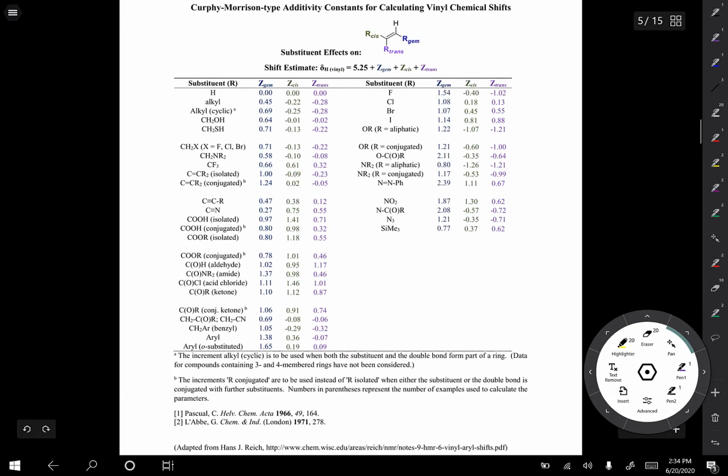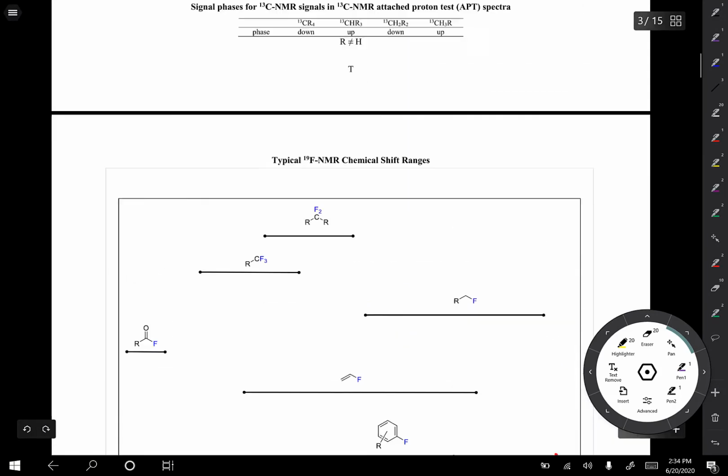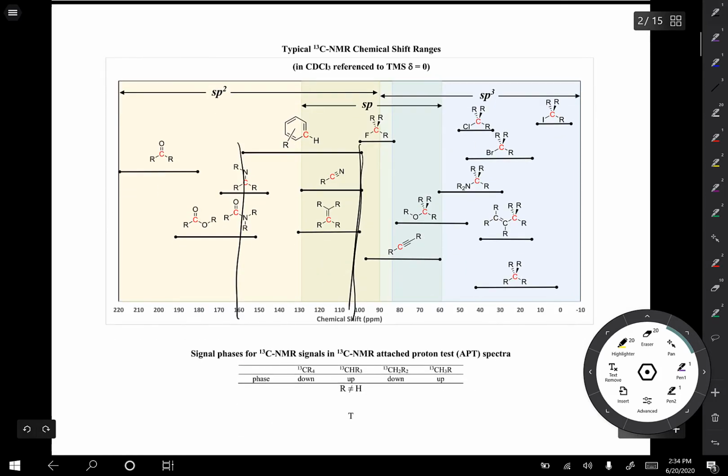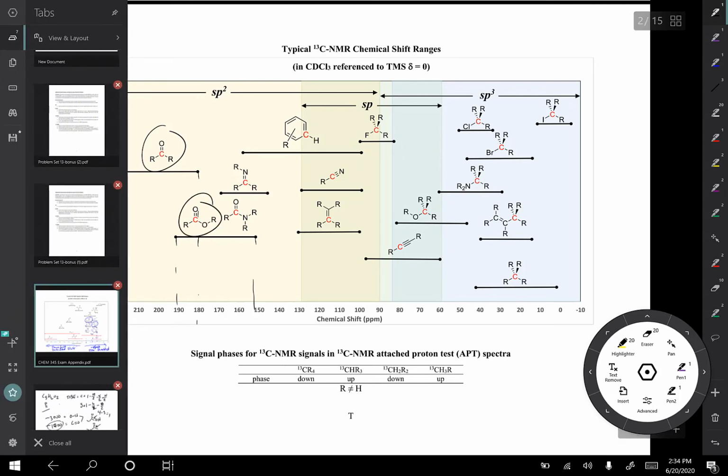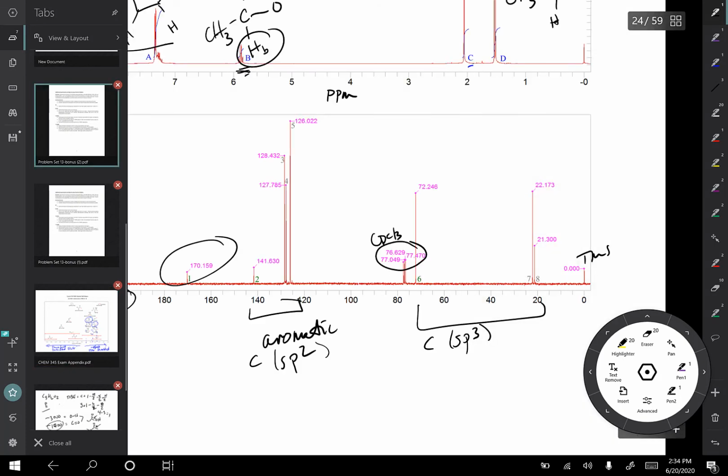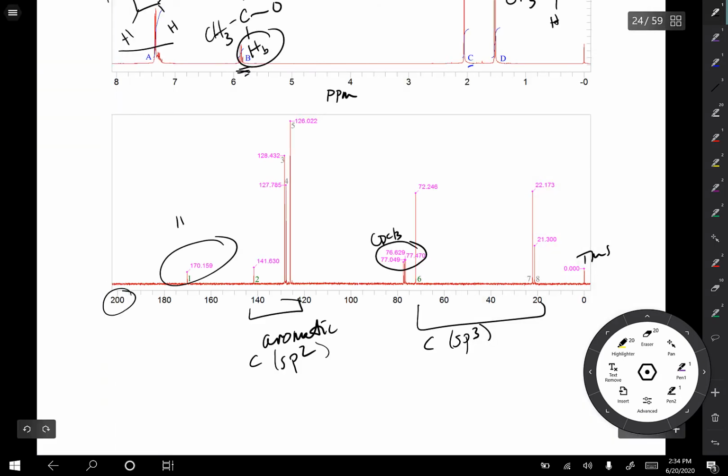You look at the appendix, it gives you a shift range for carbonyls. And if we look at this, if it were a ketone, you would expect it between 180 and 220. Well, this one's only at 170. Well, what else here is at 170? We have, well, look at this. We have an ester. This is indicative of an ester carbonyl based on the shift of that carbon. So we're going to say that this guy is actually an ester.